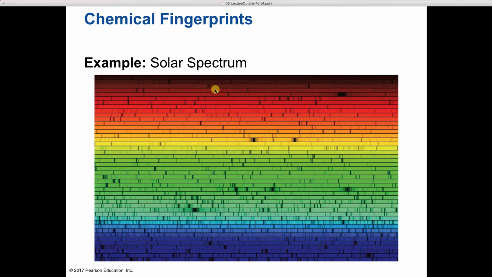So here again is the solar spectrum, and by looking very carefully at what colors are missing, we can determine what kind of elements are in the sun's atmosphere. So we think of the sun as being a very hot object, giving off a continuous spectrum of light. But in fact, that continuous spectrum of light passes through the sun's atmosphere, the outer layers of the sun, and some of that light gets absorbed.